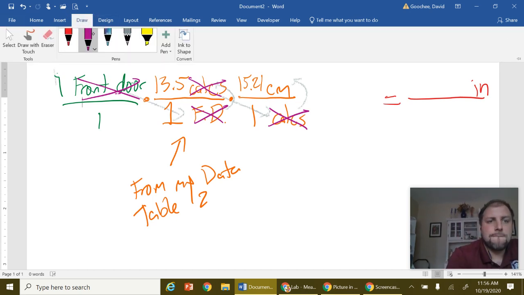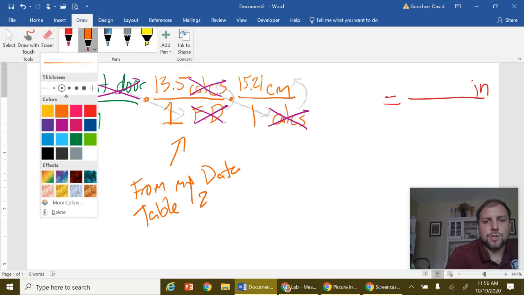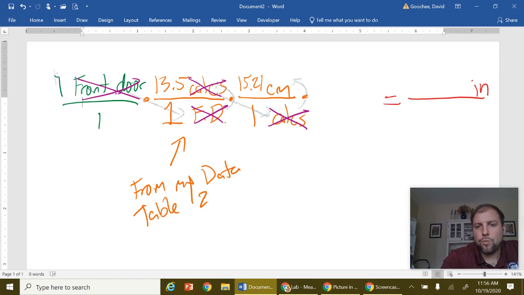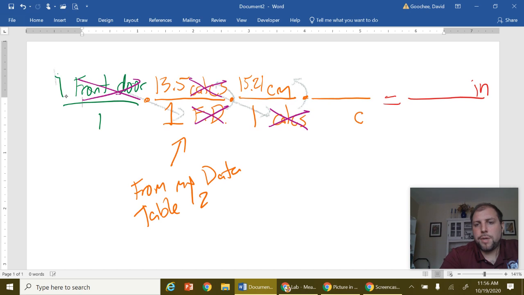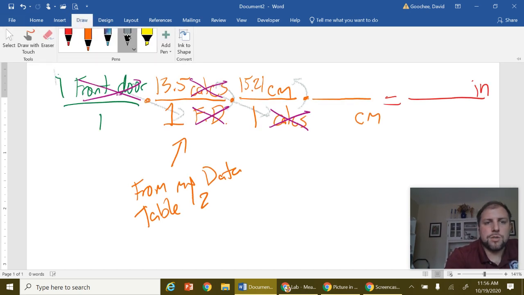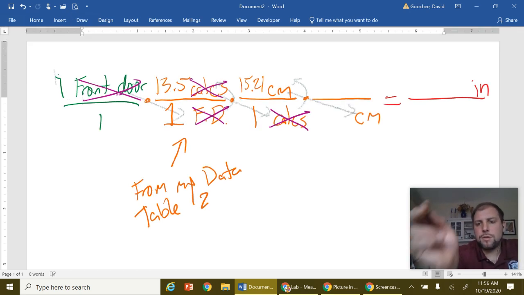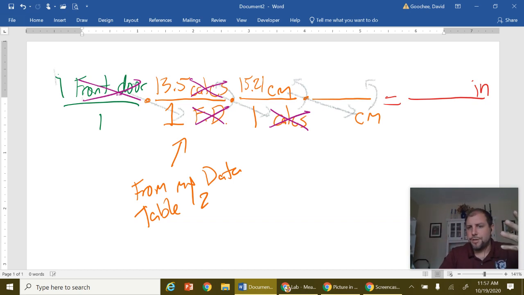Now, next conversion. Because we're in centimeters and we don't want to be in centimeters, we're going to put centimeters on the bottom to cancel it out. And what can we turn centimeters into? Can we convert it into inches? You can if you know the conversion.